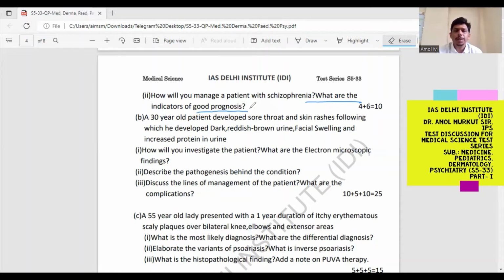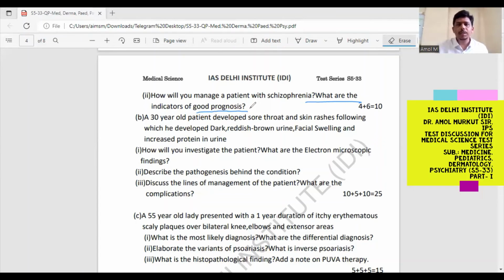A 30-year-old patient developed sore throat and skin rashes, following which he developed dark reddish brown urine, facial swelling, and increased protein in urine. See, in this question, several people have made the mistake of identifying it as nephrotic syndrome. It is clearly post-streptococcal glomerulonephritis, and glomerulonephritis is a nephritic syndrome, not nephrotic syndrome.